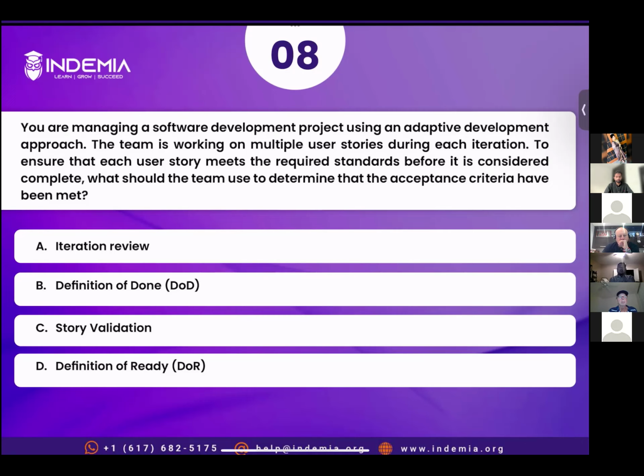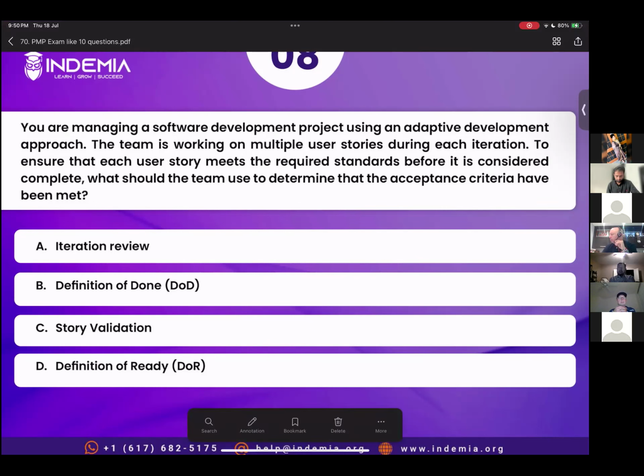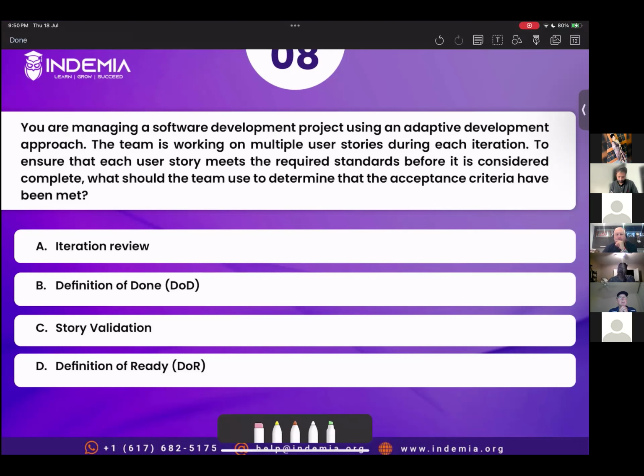We are focusing on one user story here because that's what is asked. A user story is a part of the iteration. So maybe iteration review can be done at the end of each iteration, but here, having the user story meet the required standards, that's what story validation does, not the iteration review. All right, thank you for the detailed explanation.